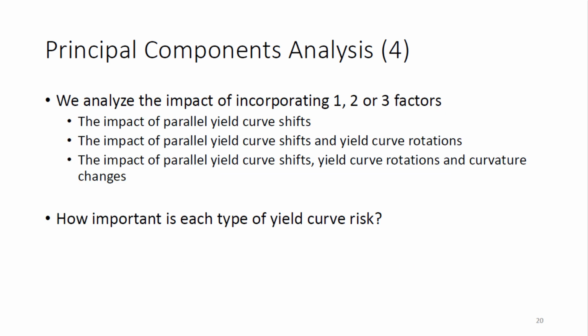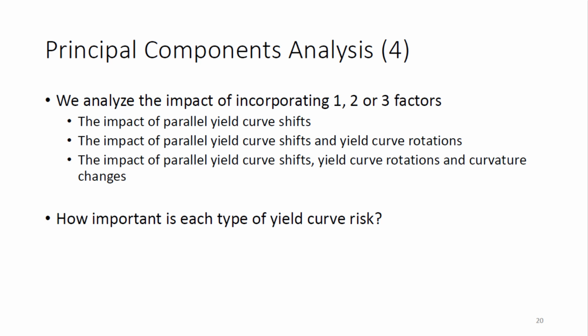So what we want to analyze further as well: does it matter if I look at 1 risk factor, 2 risk factors or 3 risk factors? If I include only 1 risk factor, then I'm only interested in parallel yield curve shifts. If I include the first and the second factor, then I'm interested in potential parallel yield curve shifts and rotations of the yield curves.